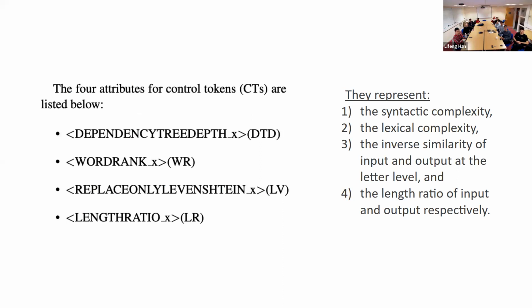Each one comes with a specified token, which has been added to the tokenizer, and at the end there is a value which is represented as x, and each of these control tokens represents one characteristic of the sentences. The first one is syntactic complexity. The second one is lexical complexity. The third one is the inverse similarity of input and output at the letter level. The last one is the length ratio of input and output.